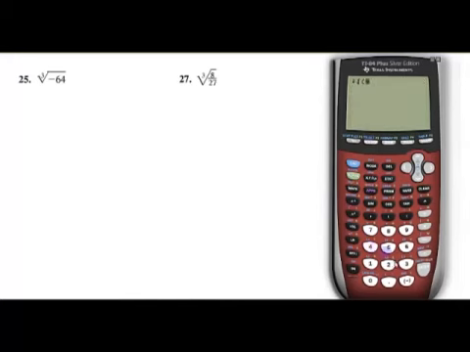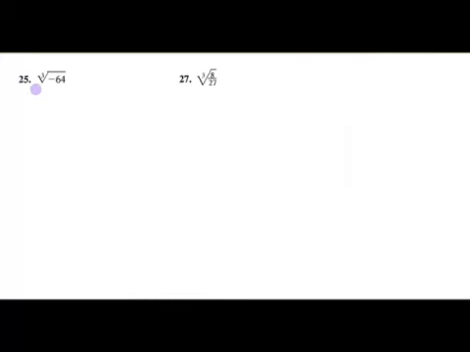So the cube root of negative 64, close parentheses, equals negative 4. Negative 4 times negative 4 is a positive 16, times another negative 4 is negative 64. Cube root of 8 over 27 is 2/3, because 2/3 times 2/3 times 2/3 would give me an 8 over 27.